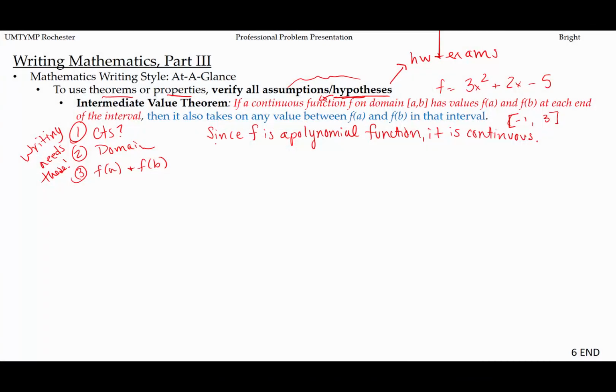Further, f is on [-1, 3], and f of -1 equals, and I'm not going to do the value of the computation here, and f of 3 equals blank. So the intermediate value theorem, and I'm going to actually write it out, no abbreviations.